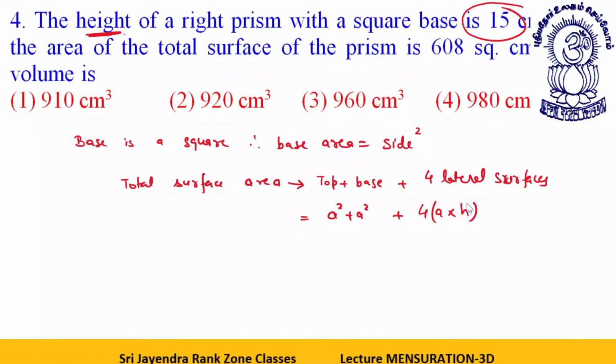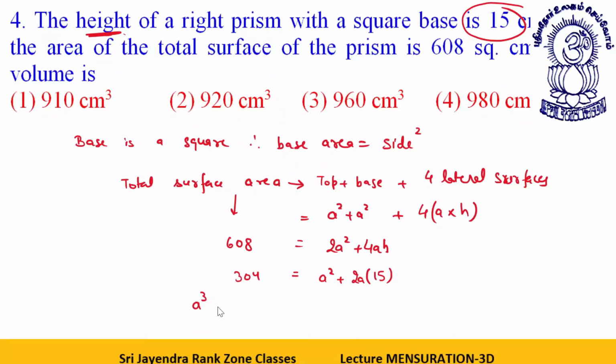Each of the lateral surfaces will have one length as the side of the square, the other as the height. So 4ah. You get 2a square plus 4ah as 608, or I can say 304 is equal to a square plus 2ah, h is 15.